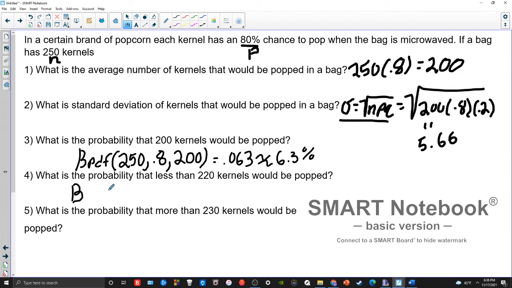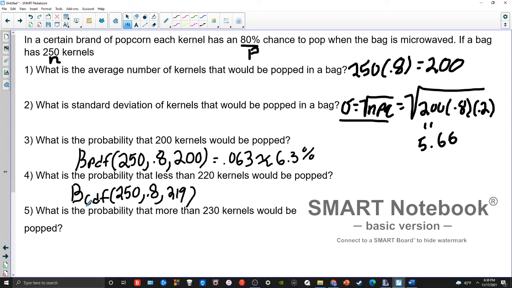Now, because I'm going below, I can just do CDF. There's no need to have a 1 minus here if you're going below, because once again, CDF by itself goes from x on down. So I would type in this, 250 kernels total, 80% chance of being popped. The most I want is 219. That's the most amount of kernels I want popped. And then I want everything below that as well. That's where the CDF comes in.